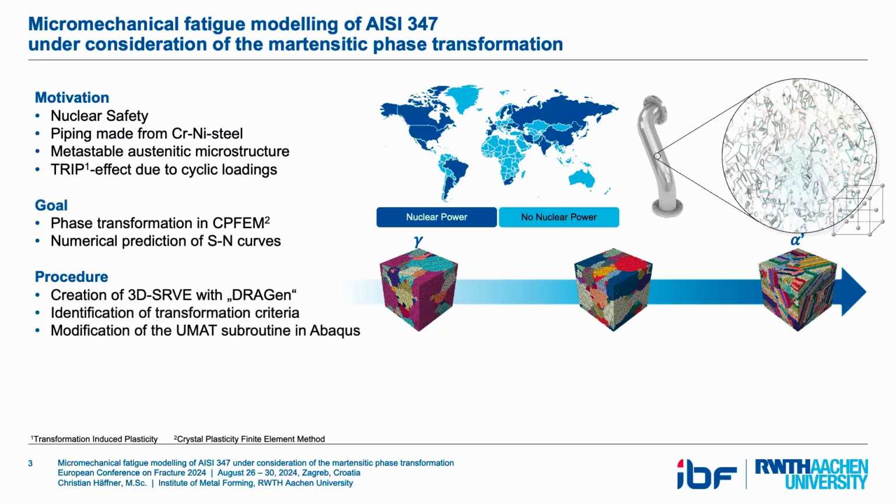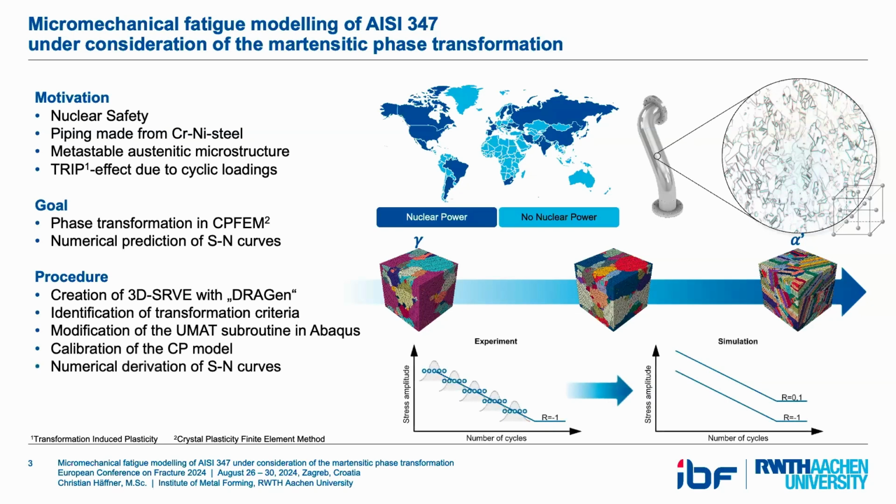We need to somehow identify transformation criteria. In that case, we modify a UMAT subroutine for Abaqus and calibrate the CP model. The final goal is, as I said, to get rid of experimental tests, but to depict the Wöhler diagrams just by numerical simulations.